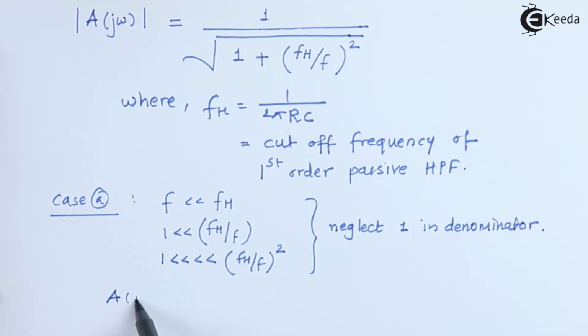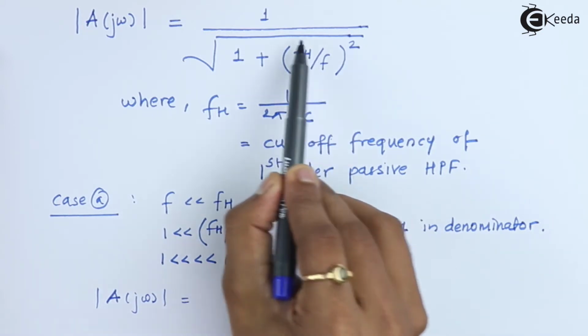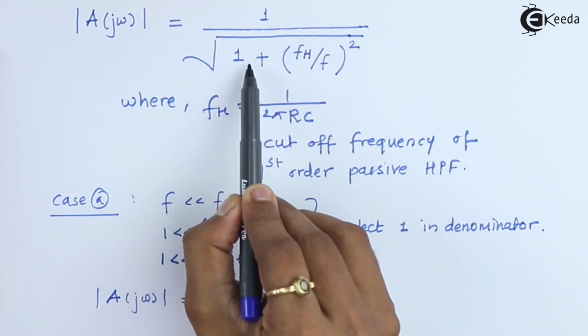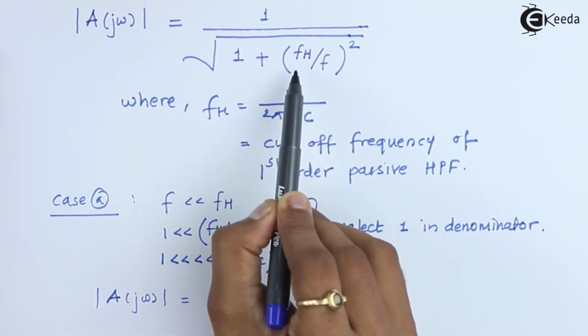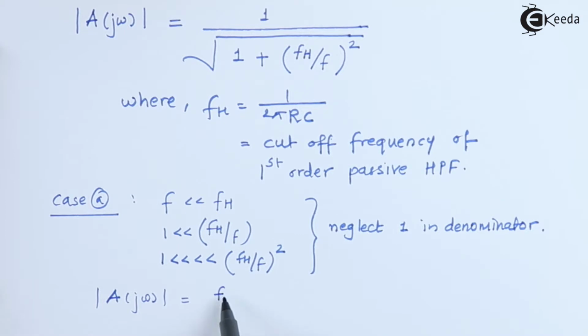So your transfer function magnitude A of j omega is equal to 1 upon the square root of fh upon f the whole square, with 1 neglected over here. So we will be getting f upon fh only.